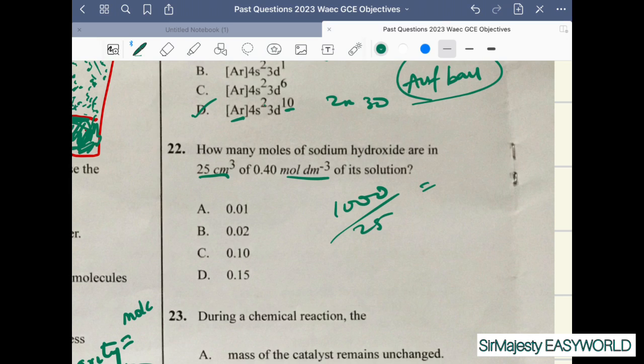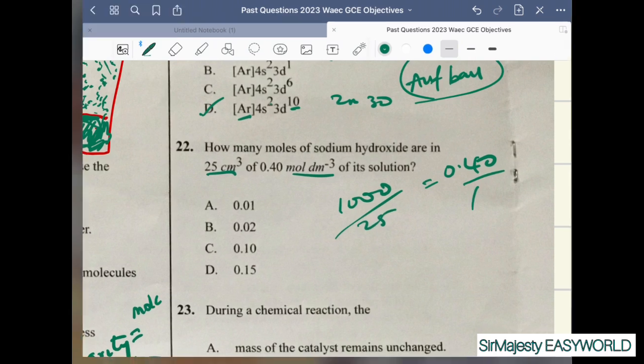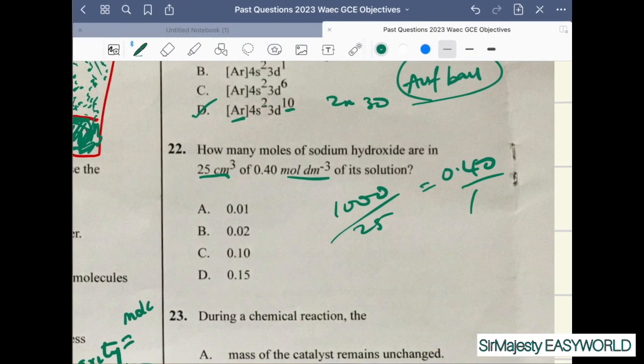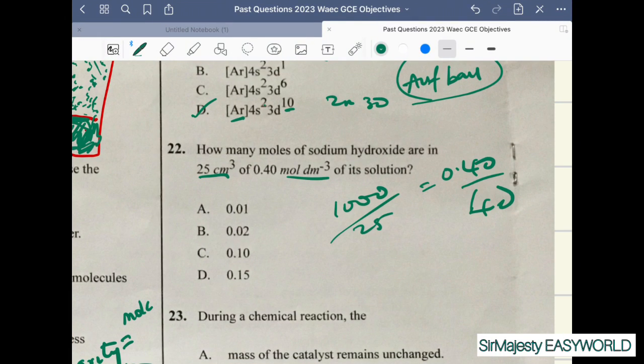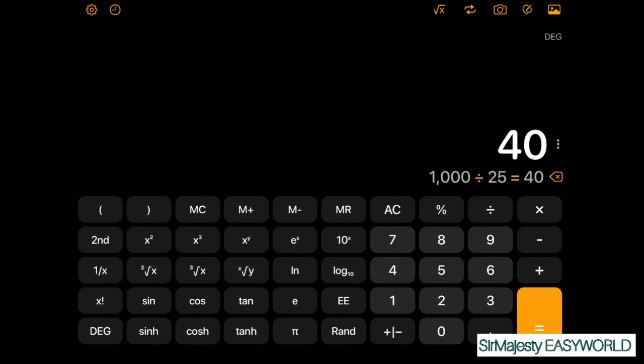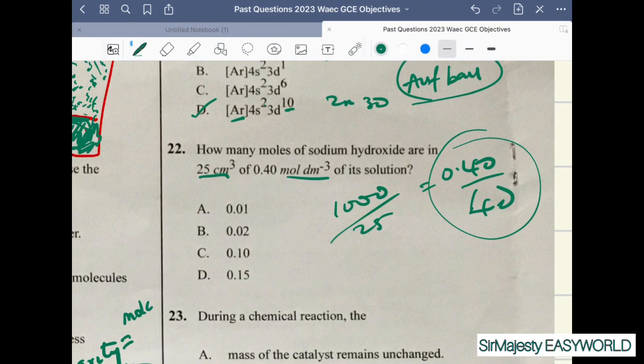So maybe calculator department, what do we have? 1000 divided by 25 is 40. So 0.4 divided by 40 is supposed to give us 0.01. Correct.